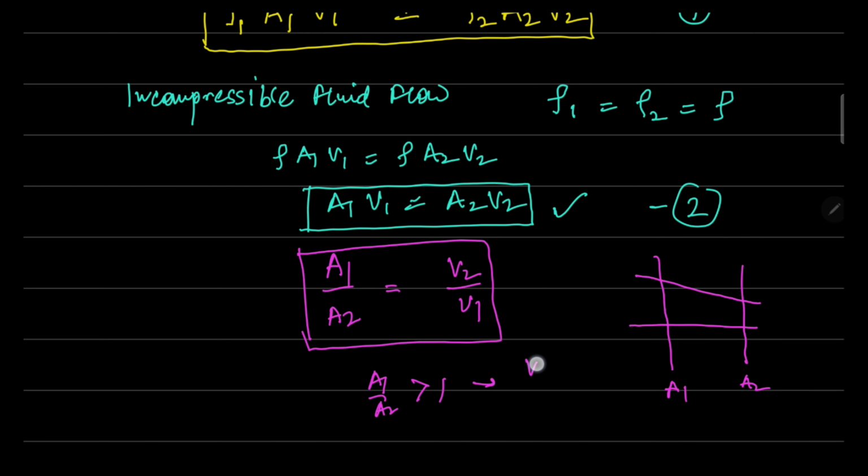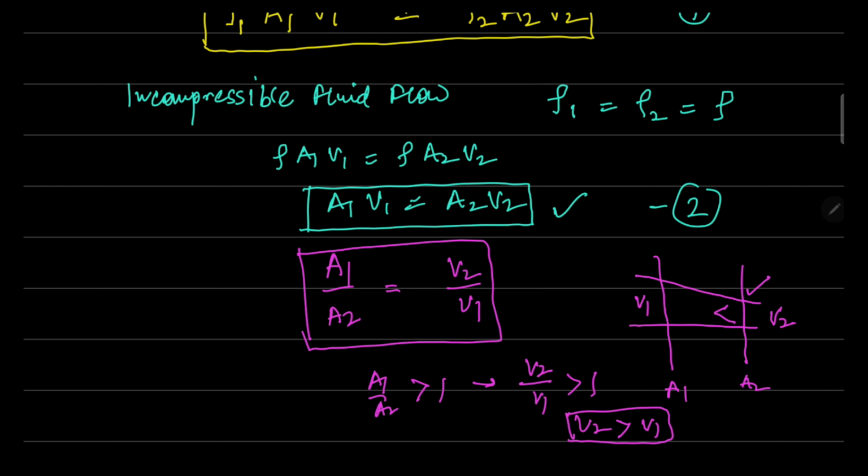It shows that V2 by V1 will also be greater than 1. That means V2 will be greater than V1. So if this is a converging type of area, then definitely the velocity at this section will be higher than the velocity at this section.